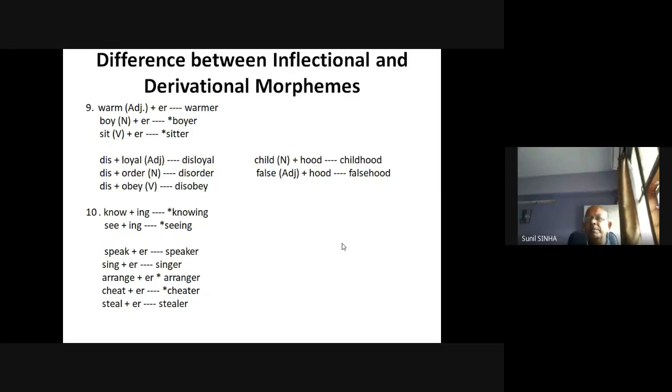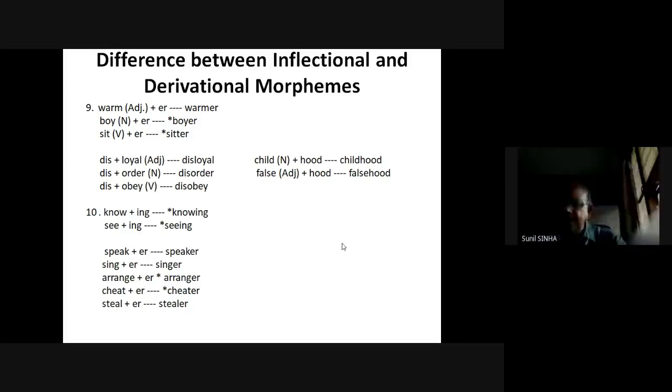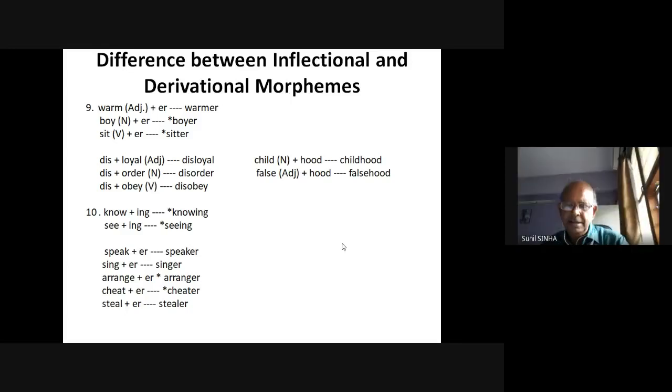It cannot be added to all the words of that group. So these are very important 10 differences between an inflectional morpheme and a derivational morpheme. Now I invite questions.